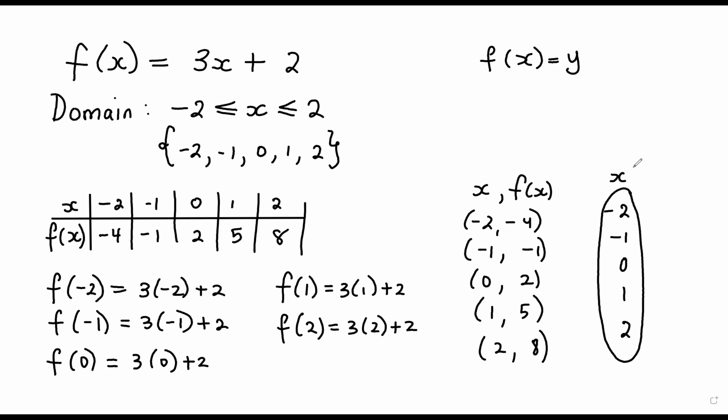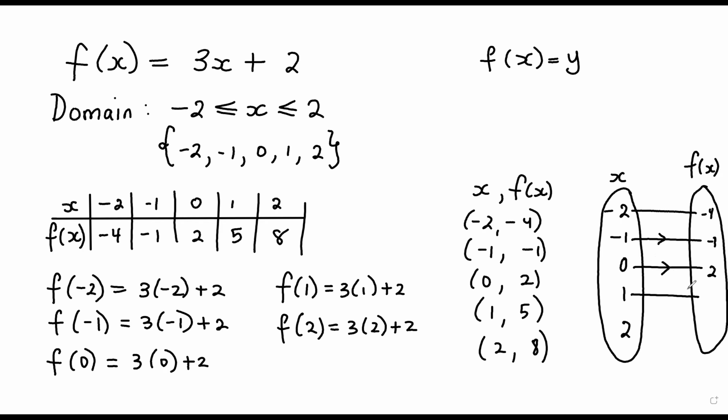And in my range, my f of x values, I will have negative 2 being mapped onto negative 4, negative 1 being mapped onto negative 1, 0 being mapped onto 2, 1 being mapped onto 5, and 2 being mapped onto 8. So the function here is that f of x is such that x maps onto 3 times x plus 2. That's what it means.